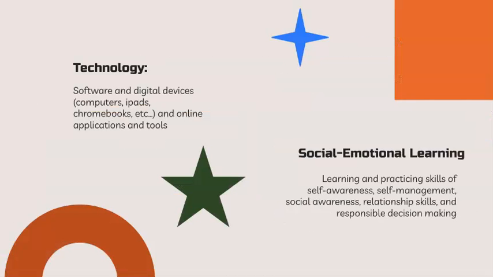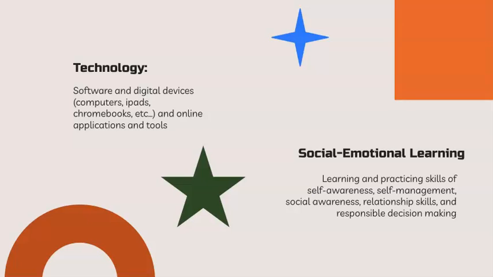Now, before I continue in my presentation, I would like to share with you the two very important words that I will be using throughout the rest of this presentation. One of them being technology. Technology is software, digital devices such as computers, iPads, Chromebooks, etc. And under the umbrella of technology also includes online applications and tools.